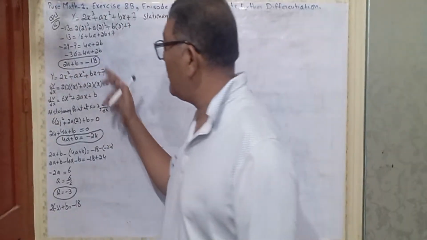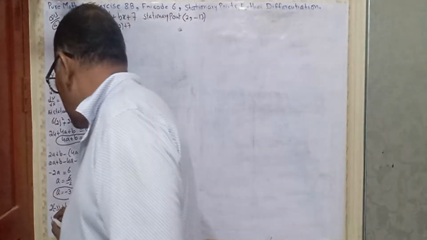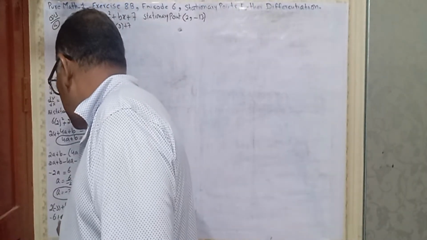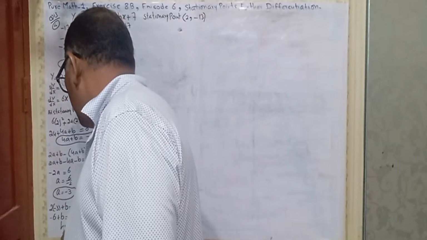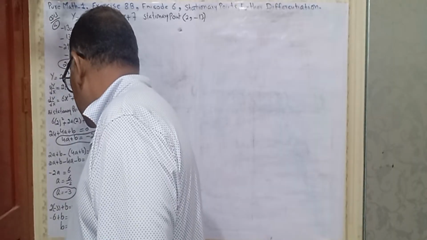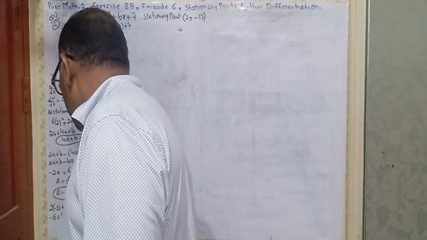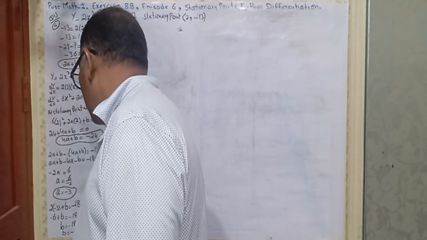So I substitute the value of a. You will have minus 6 plus b equals minus 18. So b will be equal to minus 18 plus 6, so b will be minus 12.